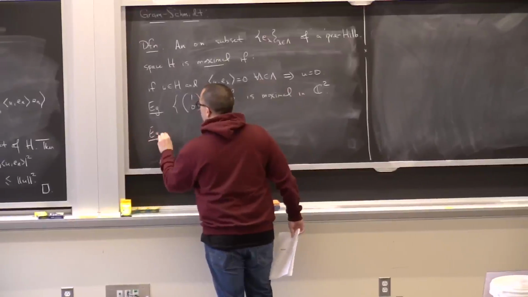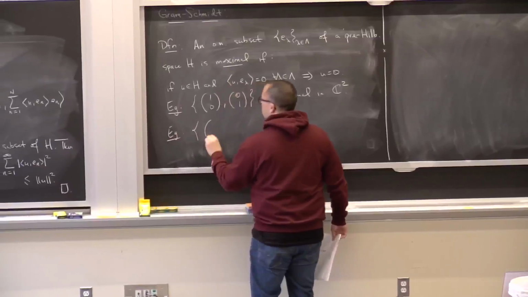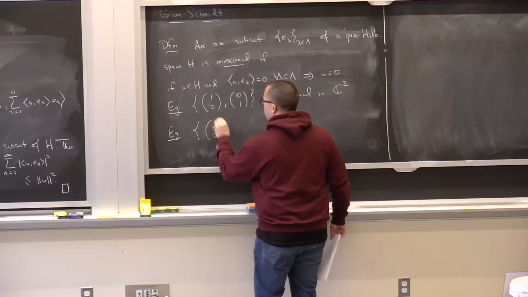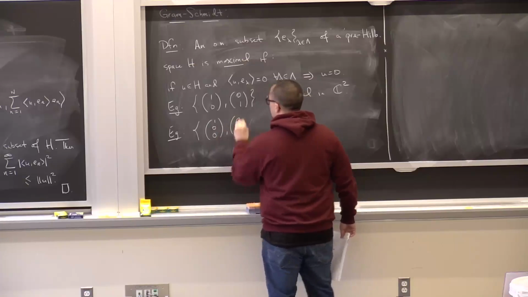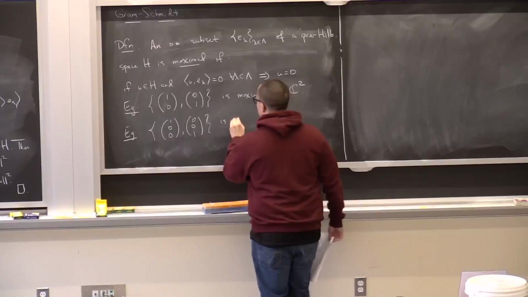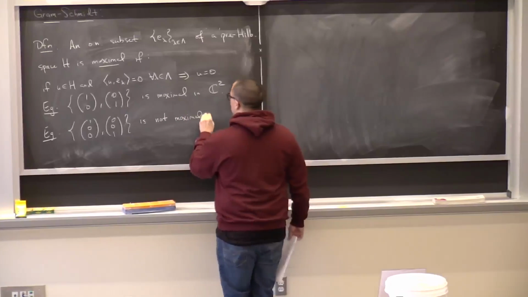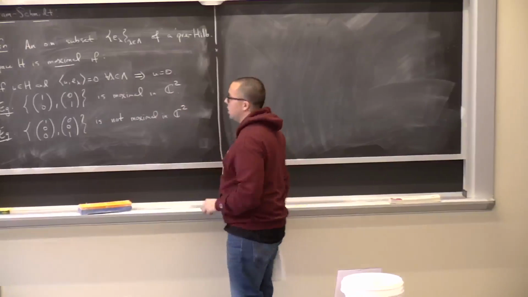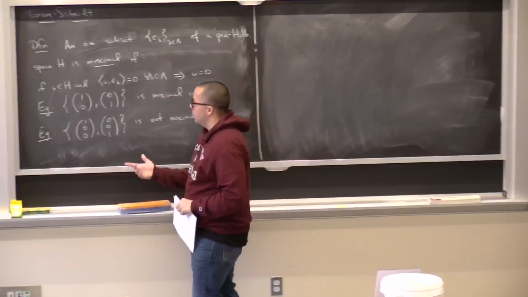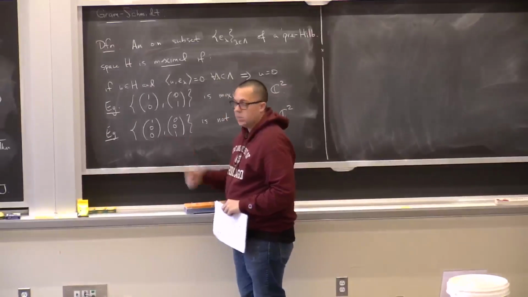A non-example, and you can maybe see this coming, is the one we had a minute ago. This is not maximal, since there's a vector that has inner product 0 with both of these but is non-zero.